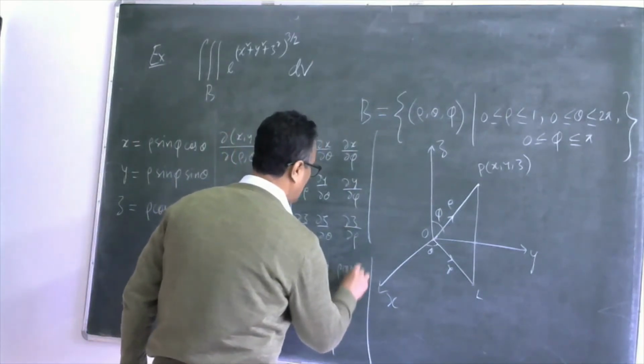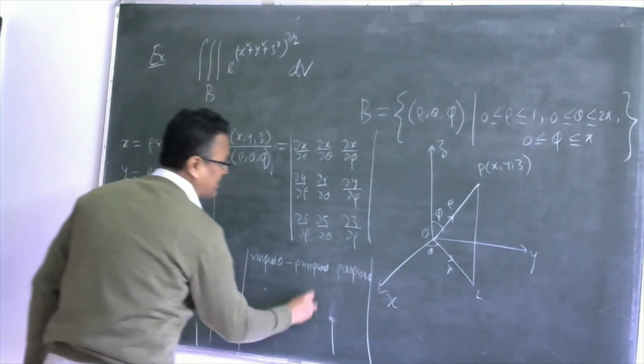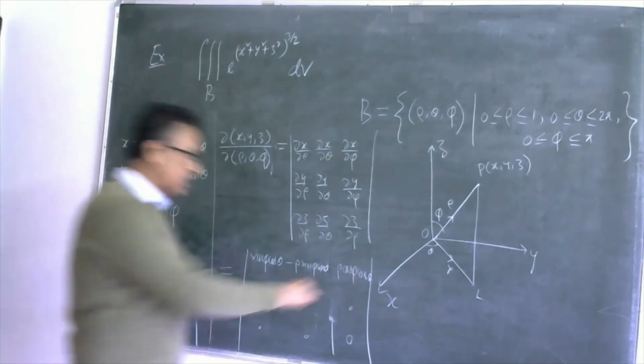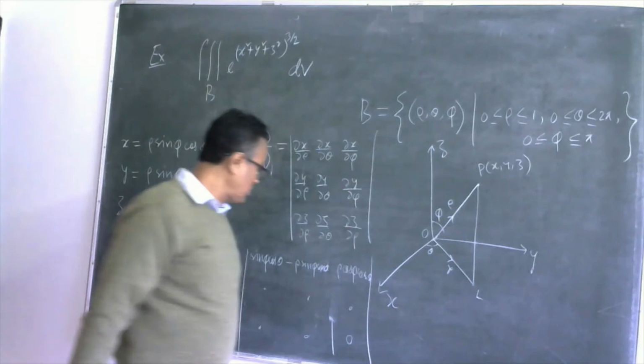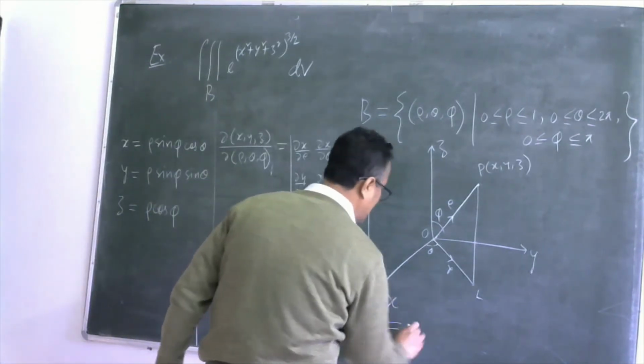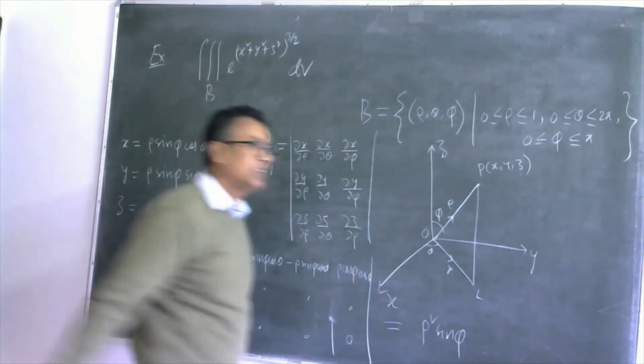Similarly you can plug in the other entries. If you work it out at home, you will see that this turns out to be rho square sine phi. You can easily find it out.